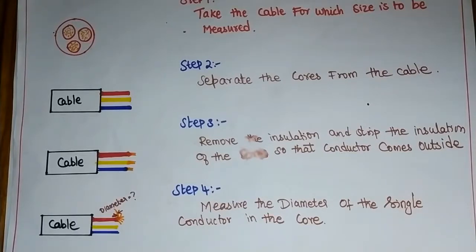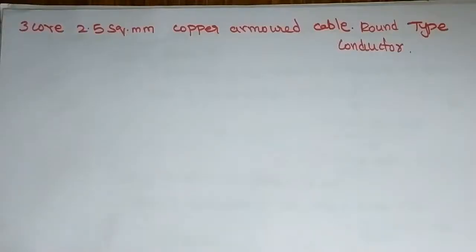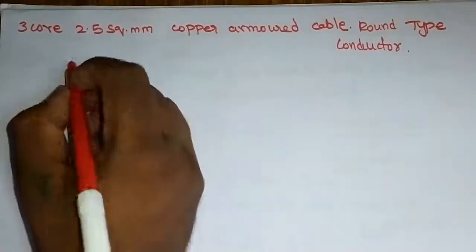For finding this, we took around 6 to 8 cables and validated. To make the video short, I took 2 cables alone for your reference. First is a 3 core 2.5 square mm copper armored cable with round type conductor. And we found the following results.